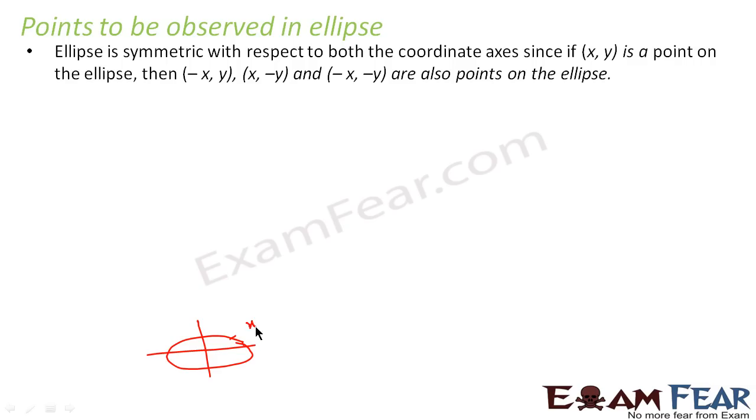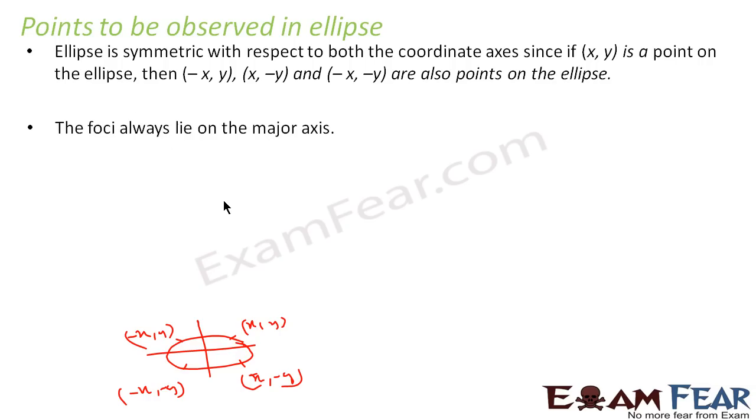So if this is (x, y), then this will be (minus x, y), this point will be (minus x, minus y), and this point will be (x, minus y). So if this point is there, then all these 3 points will also be on the ellipse. So it is symmetric with respect to both x and y axis.